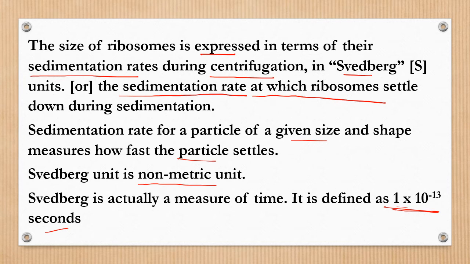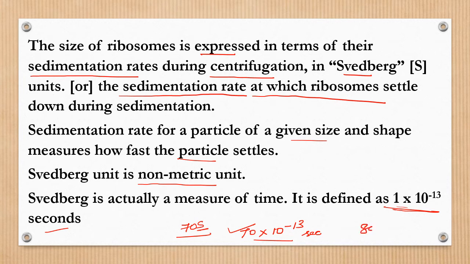So if you mention a ribosome, suppose a 70S ribosome, S here indicates the Svedberg unit. That means 70 into 10 to the power of minus 13 seconds are required to settle down during sedimentation, and then those ribosomes are called 70S ribosomes.